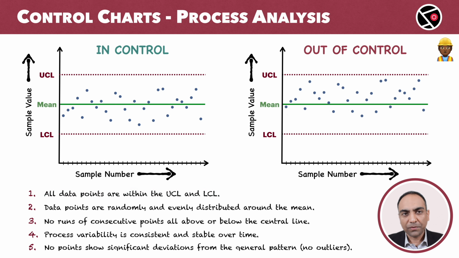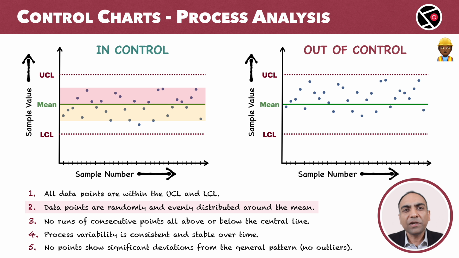Condition number 2. Data points are randomly and evenly distributed around the mean. For the in-control process on the left, the data points are randomly distributed. There is no visible regular pattern within these data points. This is random, and the spread around the mean, above and below the mean, is more or less the same.